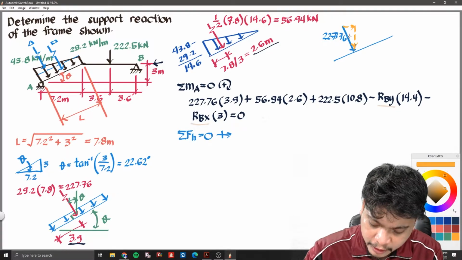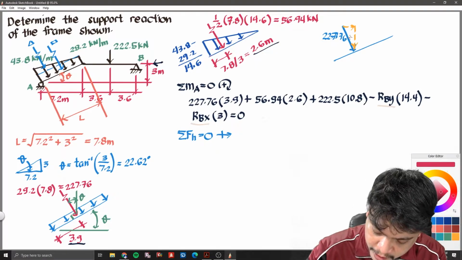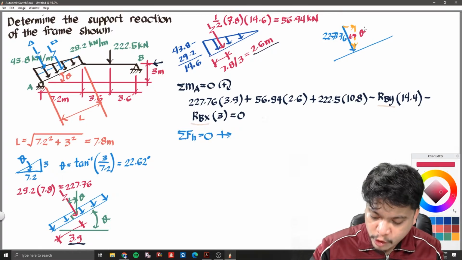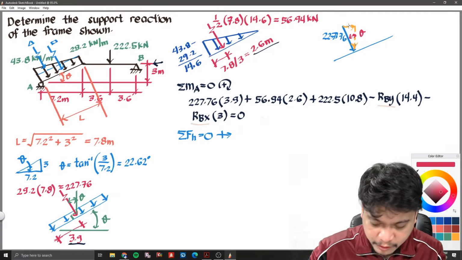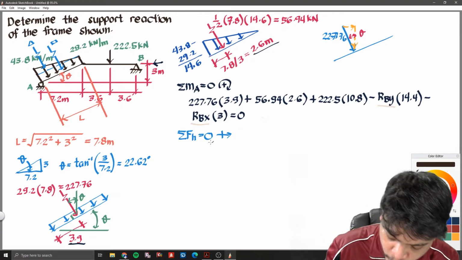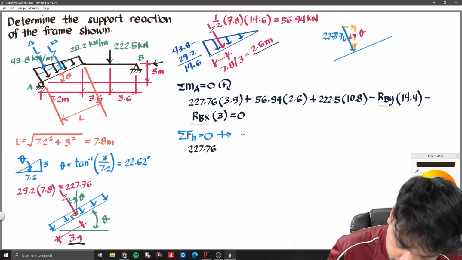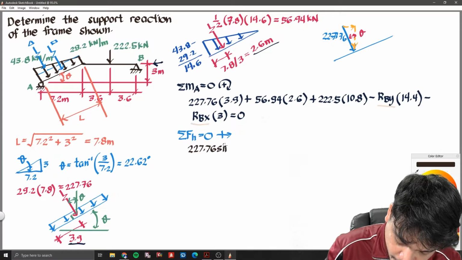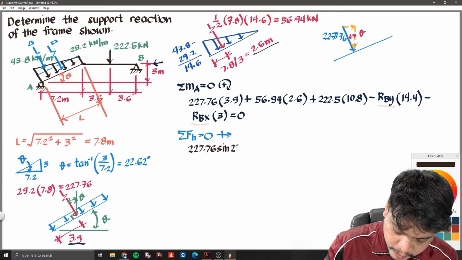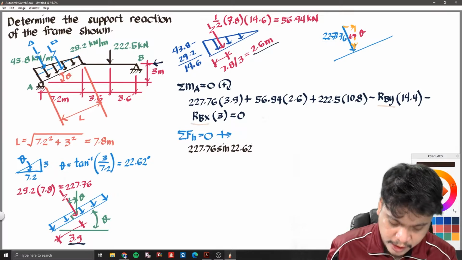Yan. Ito yung ating theta. Okay? Take note that this is our theta. Alright? So, kukunin natin yung horizontal component nito, that would become equal to 227.76 sine of our theta. And our theta is 22.62 degrees.